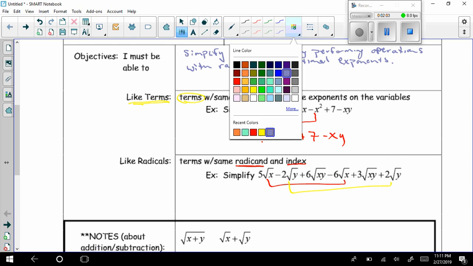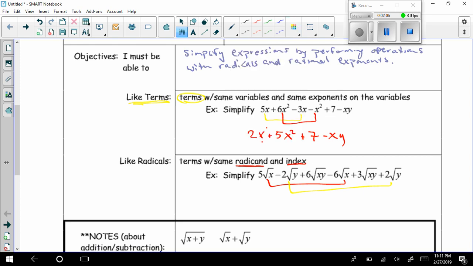And I see one more here. We have a 6 root y and then a 3 root xy here. So 5 root x minus 6 root x is negative 1, or just negative root x.